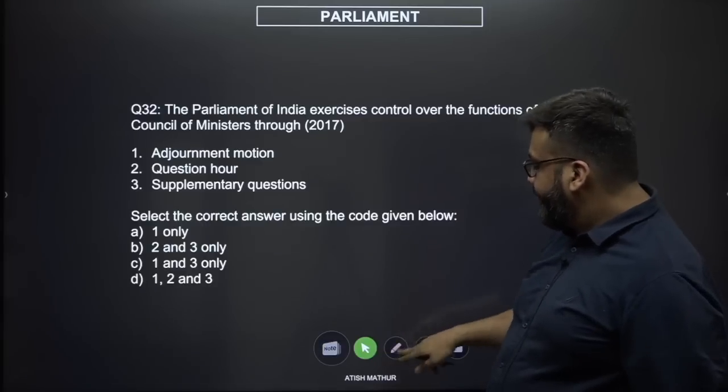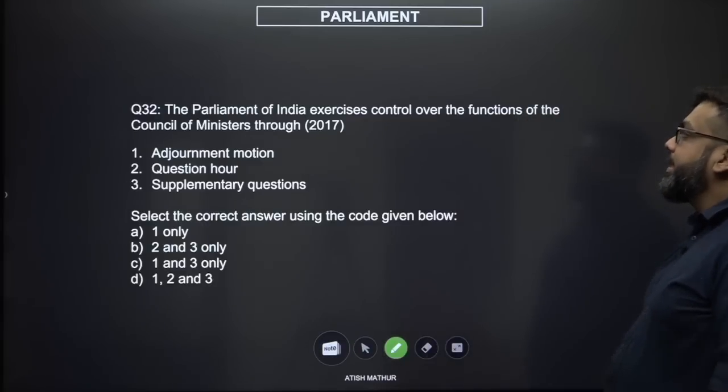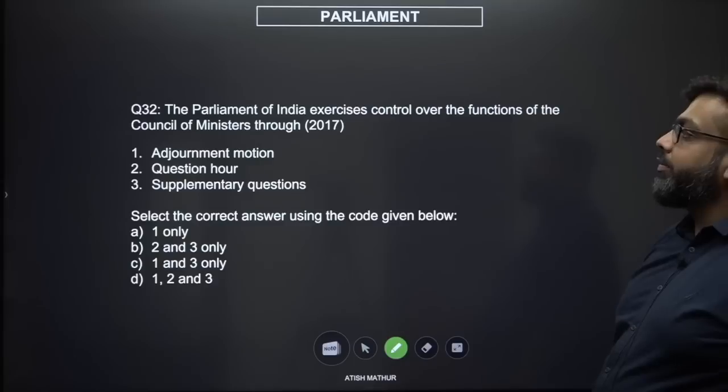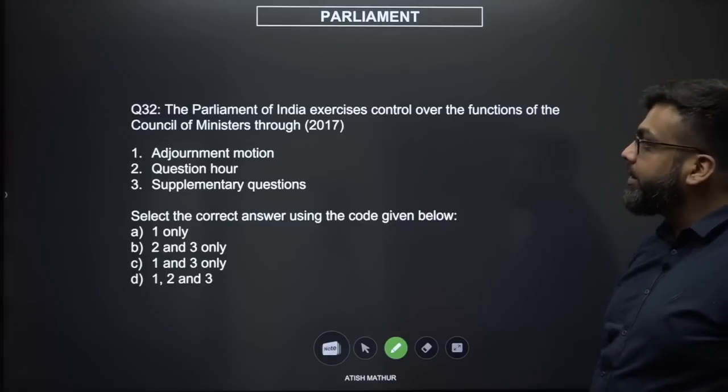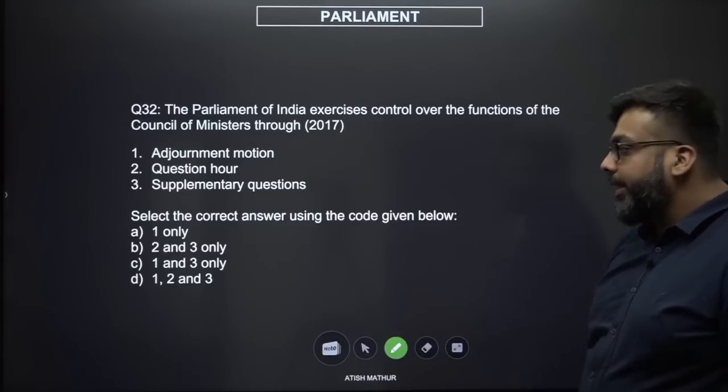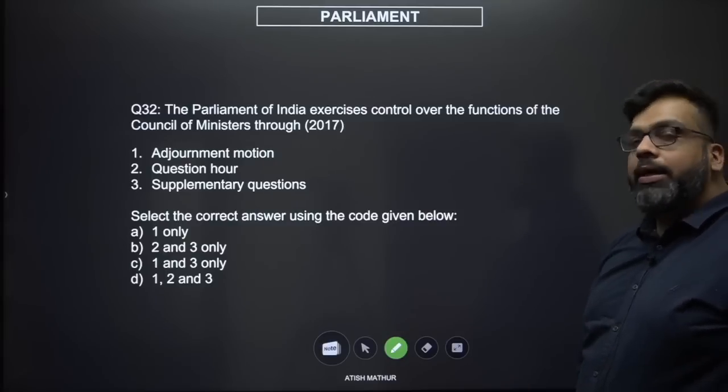The Parliament of India exercises control over the functions of the Council of Ministers through... This is nothing but rule number 4, checks and balances. How do you keep a check on the ministers? 1, adjournment motion.